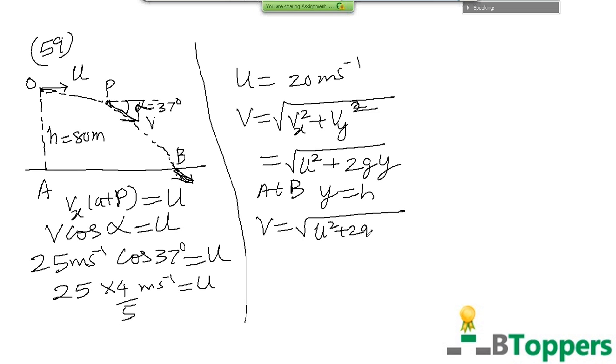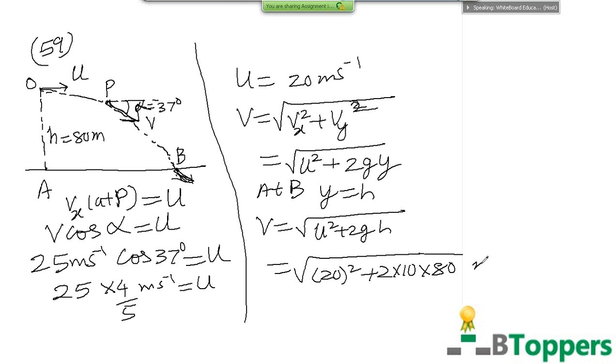U square plus 2gH. You can substitute here U equal to 20 meter per second, g equal to 10 meter per second square, H equal to 80 meters. This you can try to simplify.